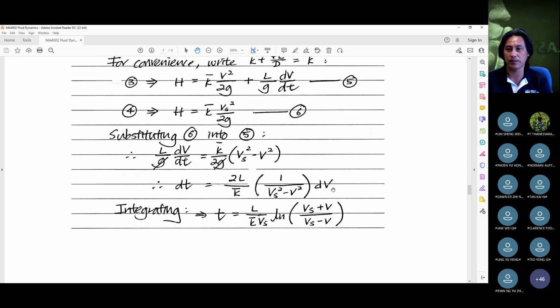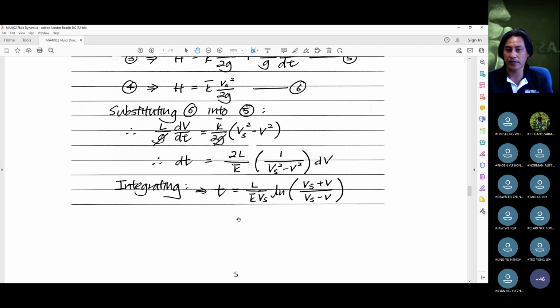If we integrate them like I showed you in the lecture slides, you're going to get t equals L over K bar Vs, natural log of (Vs plus V) over (Vs minus V). This allows us to find the time for whatever fraction of the steady state velocity that we want.